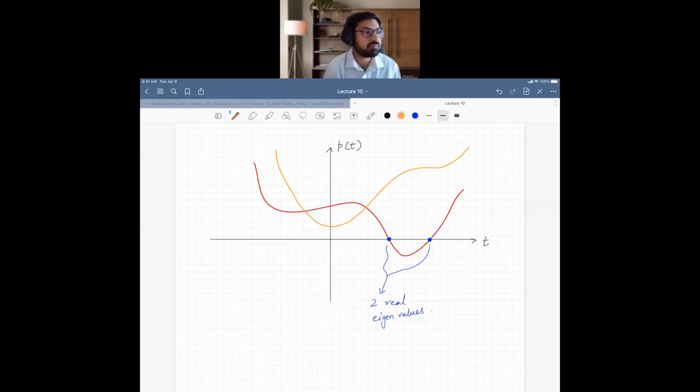So it is going to have complex roots, which means that it is going to have complex eigenvalues. And the eigenvectors that correspond to complex eigenvalues will also be complex. We'll take a look at that. So for the red one, p of t was crossing the x-axis, so there you got two real eigenvalues.